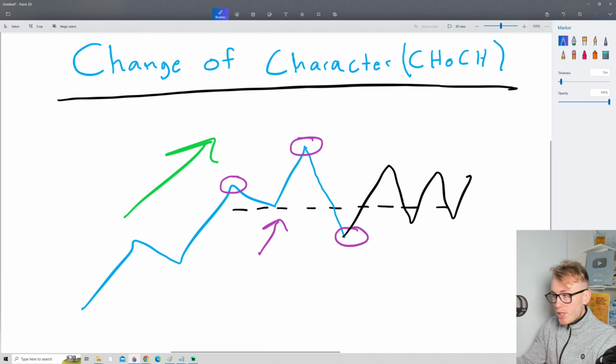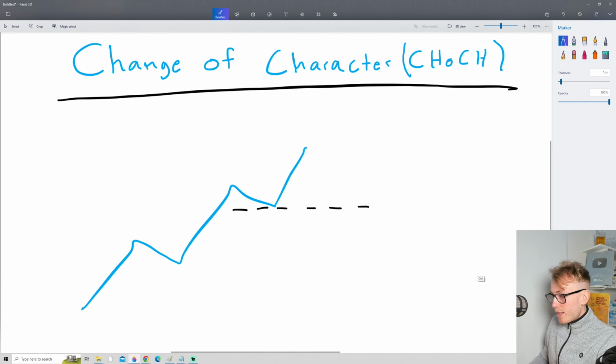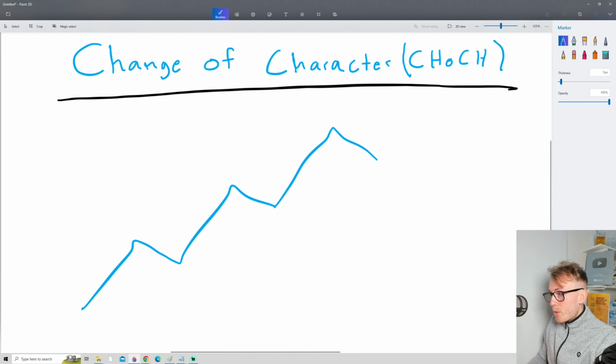But a true change of character is something that looks more like this. So let's say that we have yet another impulsive move, we have a pullback, but now the next move fails to take out the previous high. So we fail to take out this point right here, and now the trend breaks this low right here. So the price breaks below that point.